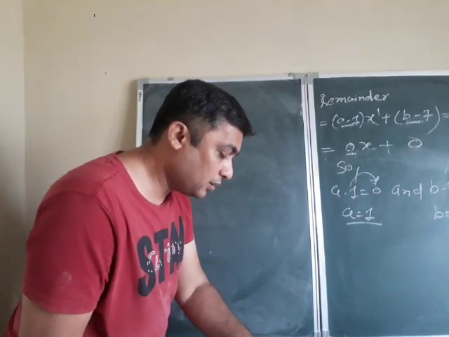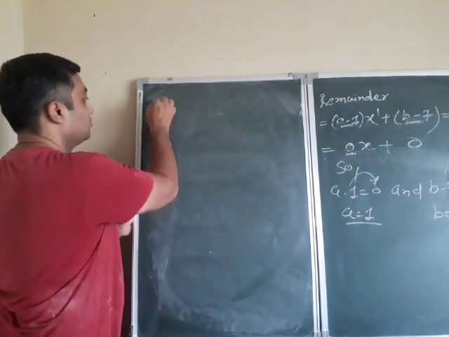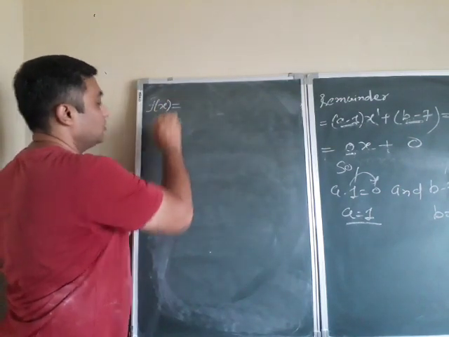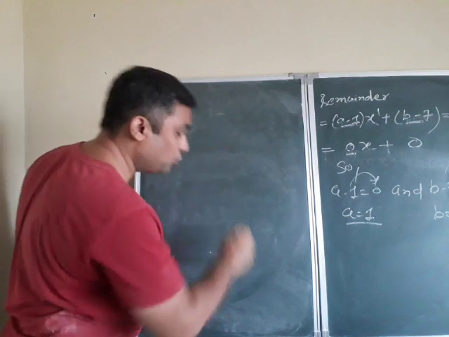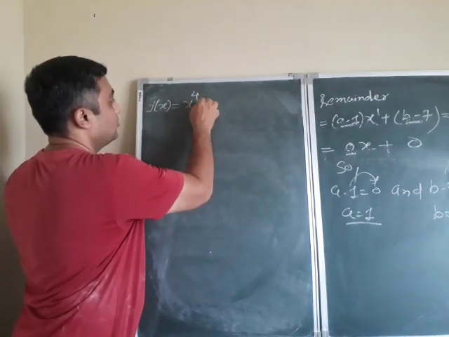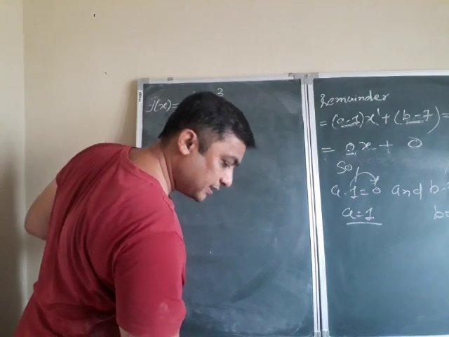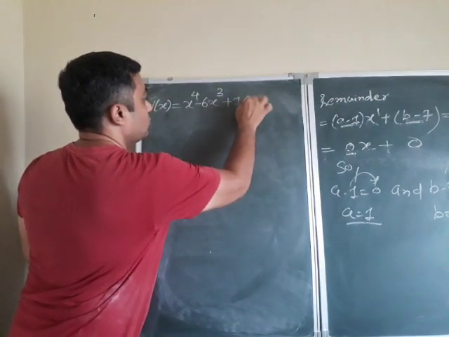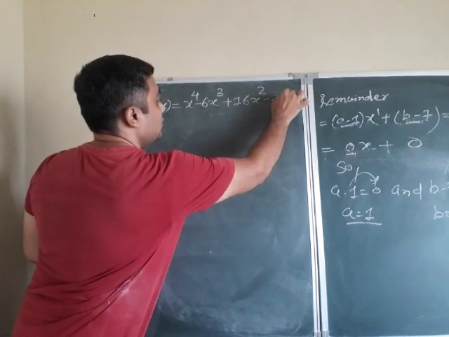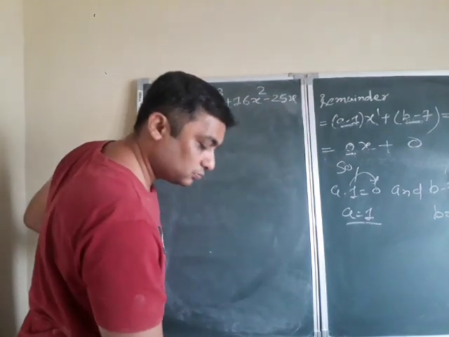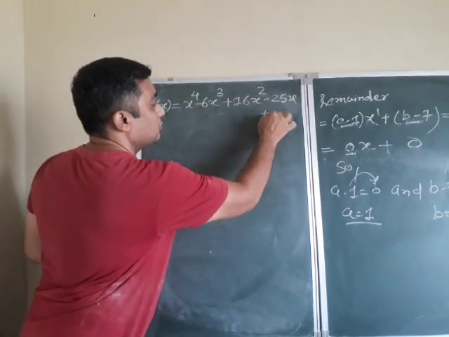If the polynomial f of x is equal to x raised to 4 minus 6x cube plus 16x square minus 25x plus 10.